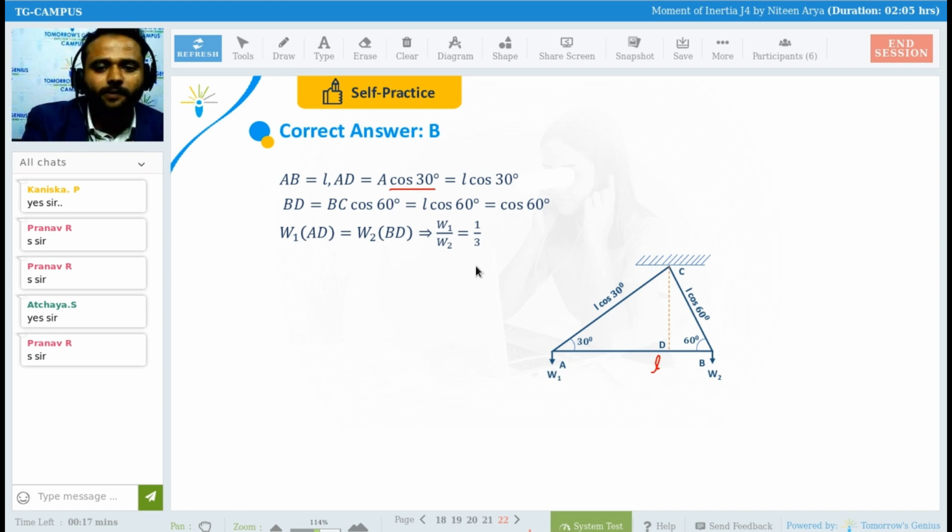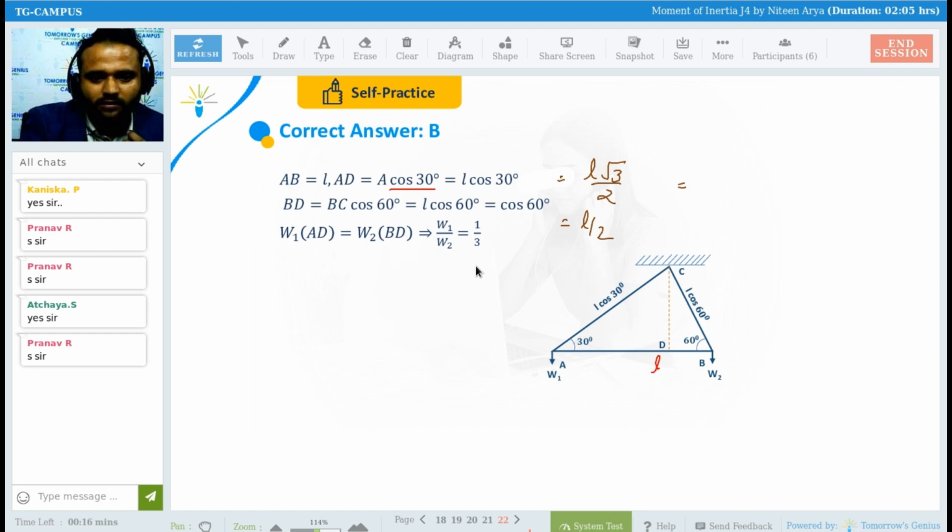Cos 30 degree is going to be root 3 by 2, and cos 60 degree is going to be L by 2.